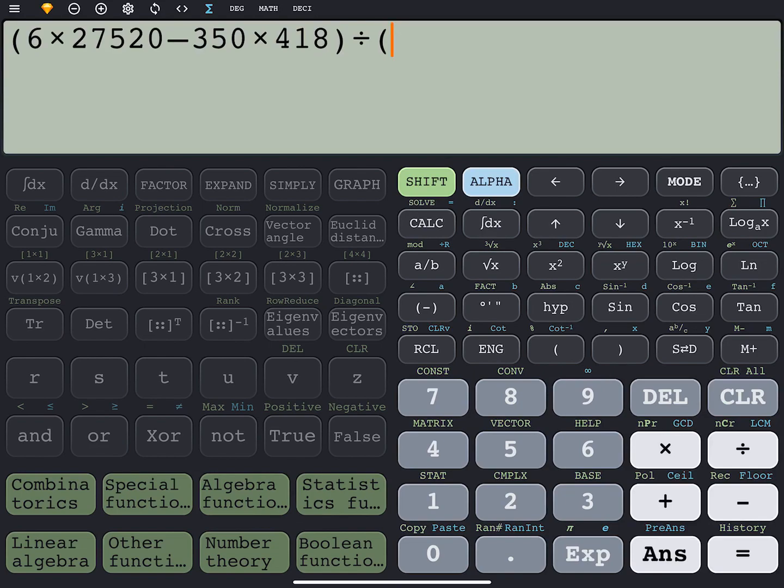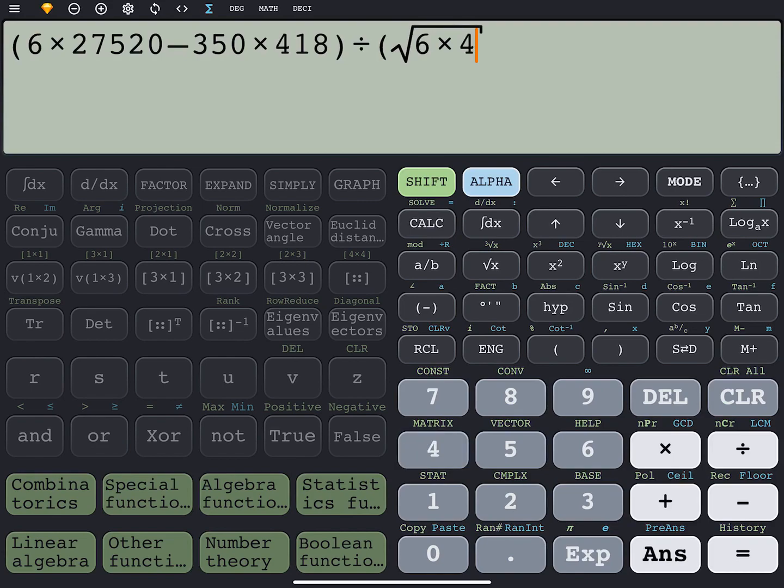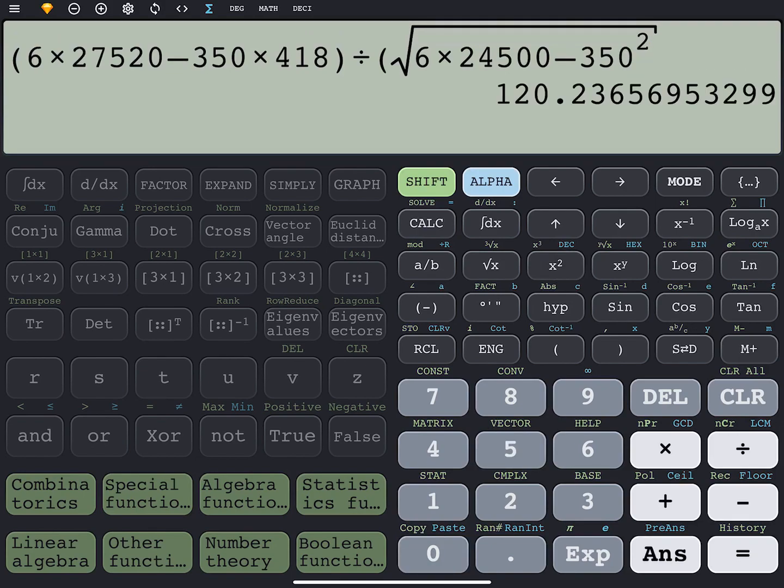Open that parentheses here. Now we're going to put a square root, and I'm going to go under the radical here. What's under the radical? 6 times what? 24,500. Okay, minus? 350 to the second power. Good job. You guys okay with this one?